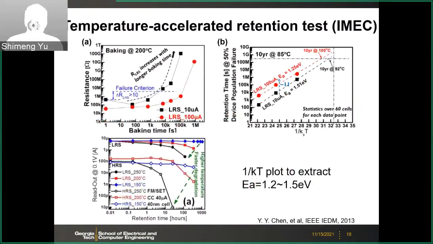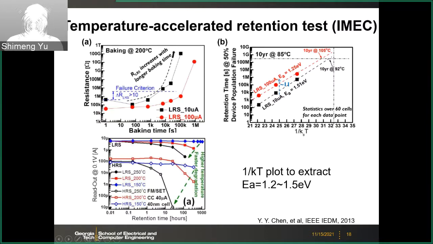And also IMEC tested the retention using temperature accelerated testing. So here at different temperatures, for example, 250C, 200C, 150C, they measure how the low resistance state and high resistance state current change over time.